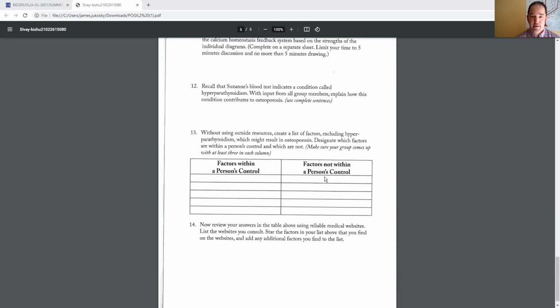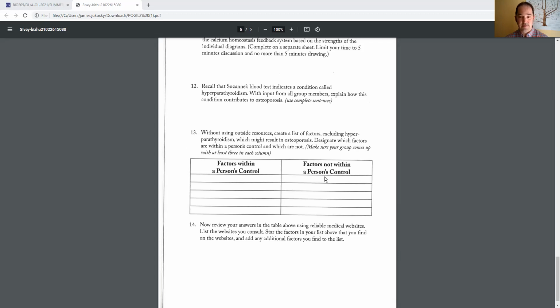Okay. So Suzanne's blood test indicates a condition called hyperparathyroidism. Her body is secreting too much parathyroid hormone, PTH, and that's going to be activating her osteoclasts.